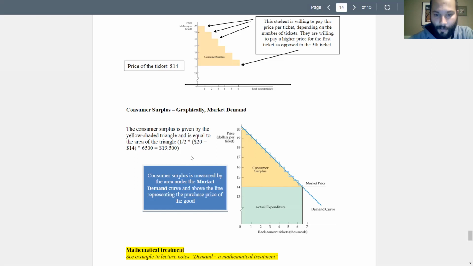And it gets a little bit more complicated. Suppose that this was non-linear. Now we don't have a perfect triangle and we have to start using calculus to find the area between curves. But in this class, we're just going to study the linear demand case, which means we can use the area of a triangle formula. We can see our area of consumer surplus extends from the demand curve to price all the way out to quantity.